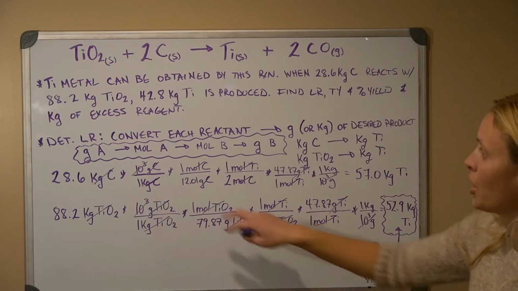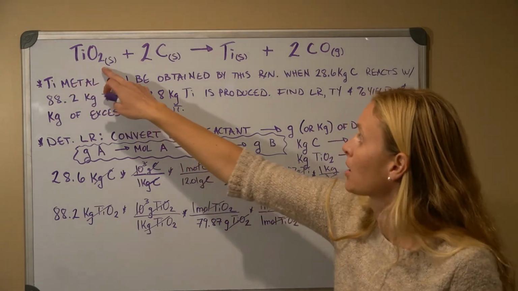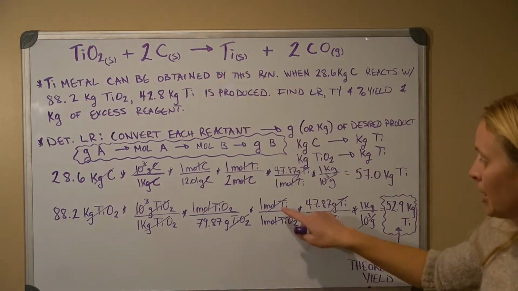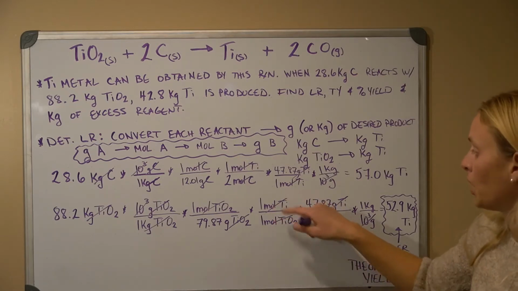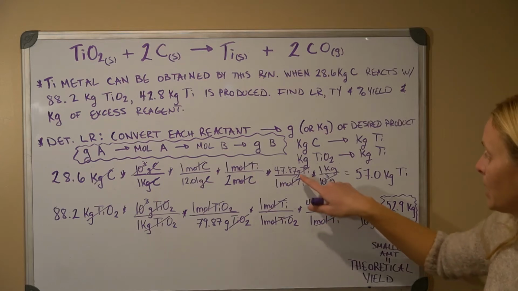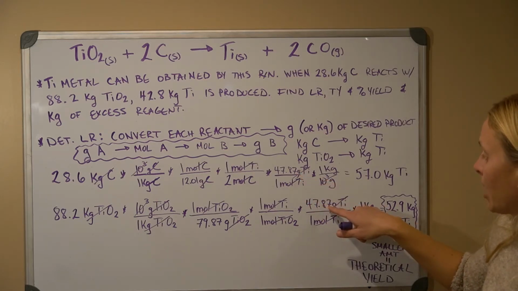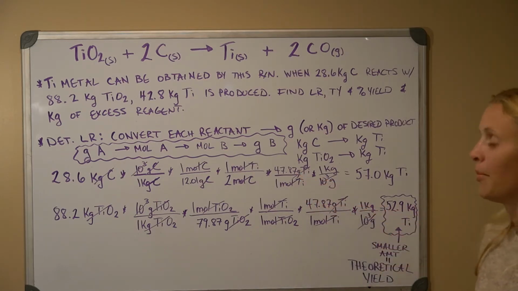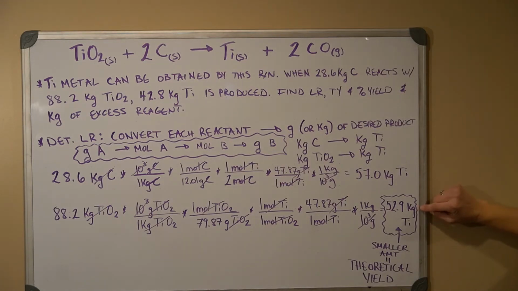I use my mole ratio, 1 mole of titanium oxide to 1 mole of titanium, there's my 1 to 1. In moles of titanium, I use the mass of titanium just like in the previous calculation, and then back to kilograms because it's a large number. I end up with 52.9 kilograms of titanium.